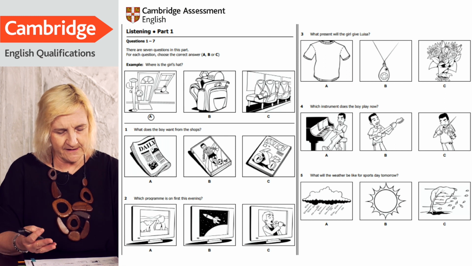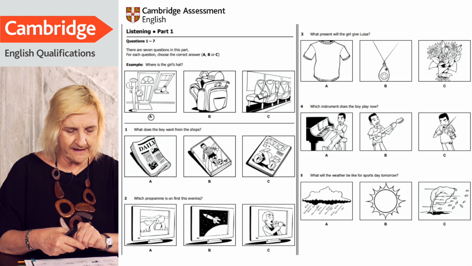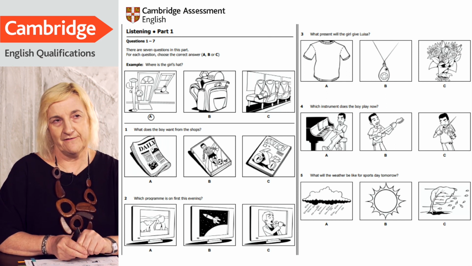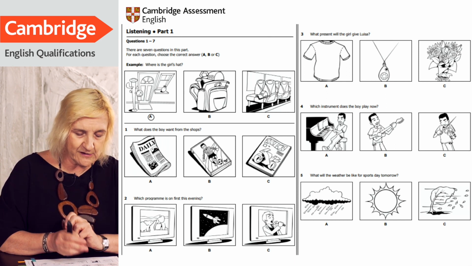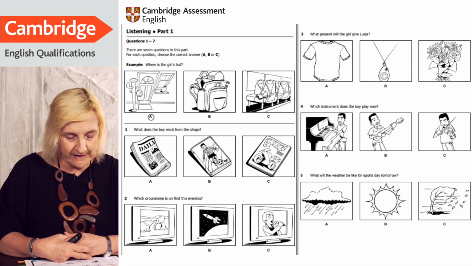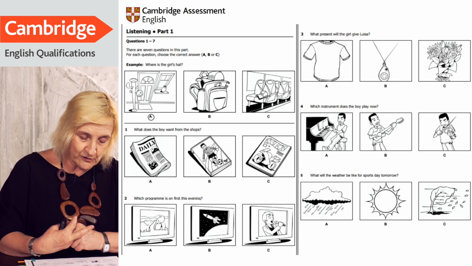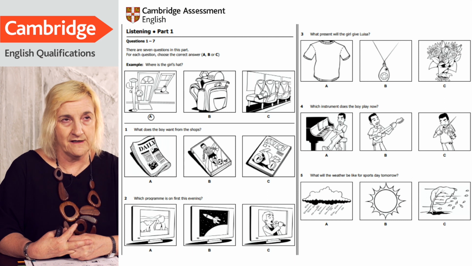In this first task, there are 7 short listenings, and the students are listening for specific information, and they are choosing between 3 images. So again, the image can help the students prepare for what they might expect to hear. You can use the picture to help them predict the kind of thing they'll answer.